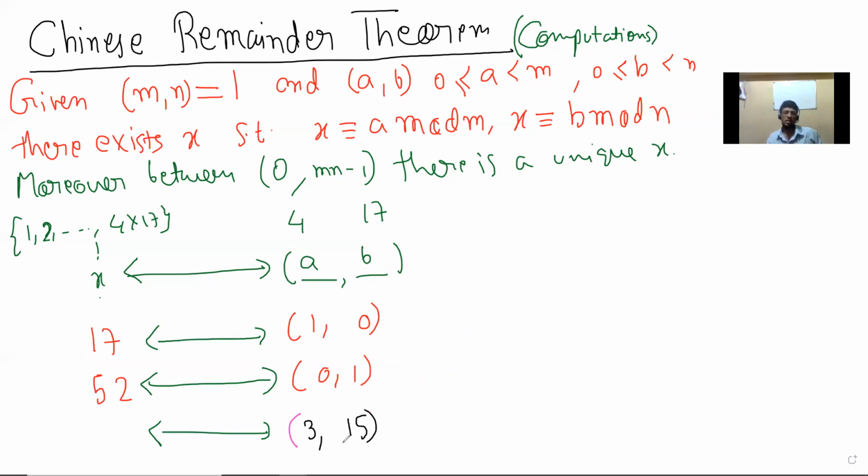So we can just find the solution for 3, 15, some x. And then we can cross check and see if it's actually correct.